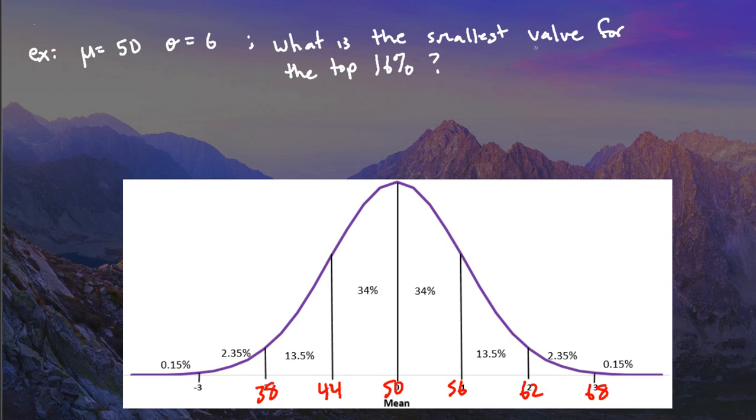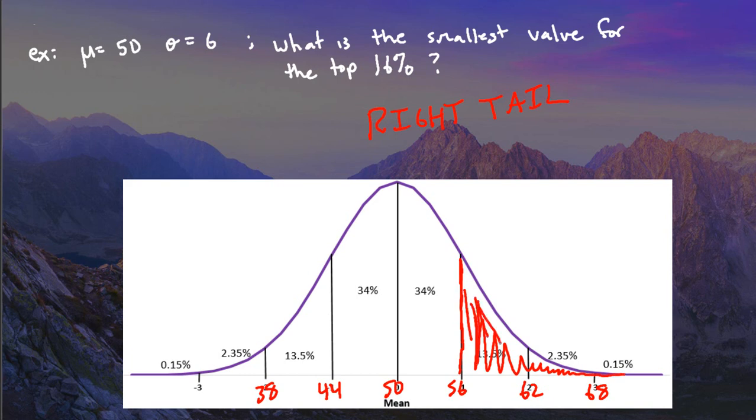Okay, what is the smallest value for the top 16%? Well, the top 16%, if I started adding up these, would be all the way to here. And the top 16% is going to be the right tail, which is over here to the right, because that's the highest values, all the way over here.